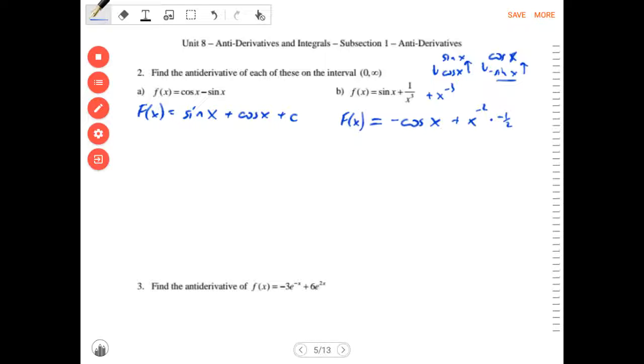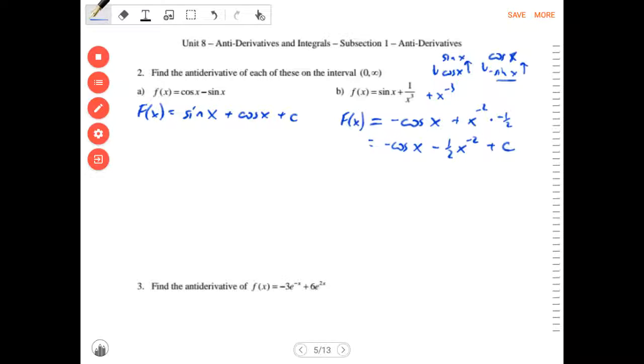So that's going to be negative cos x minus 1/2 x to the negative 2 plus c.